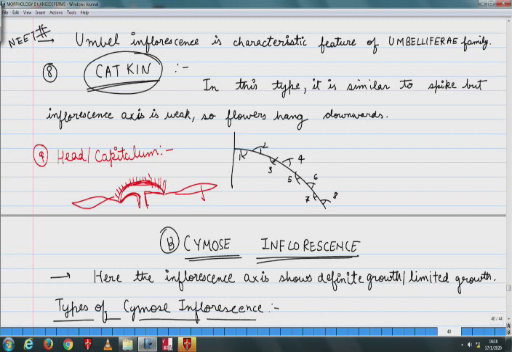These are ray florets. These are disc florets. Okay. This is a type of racemose inflorescence only.